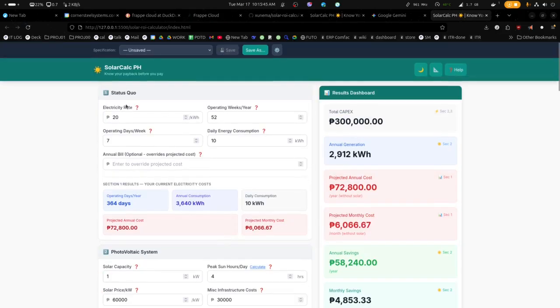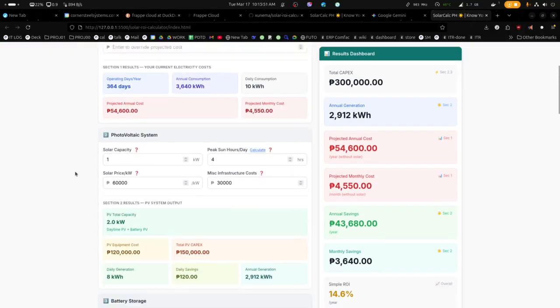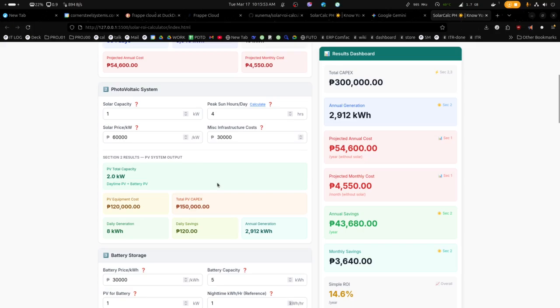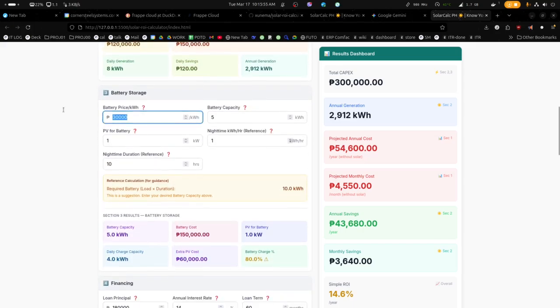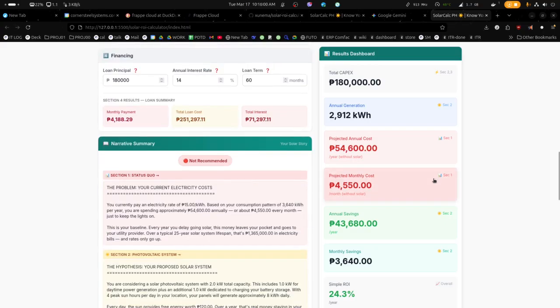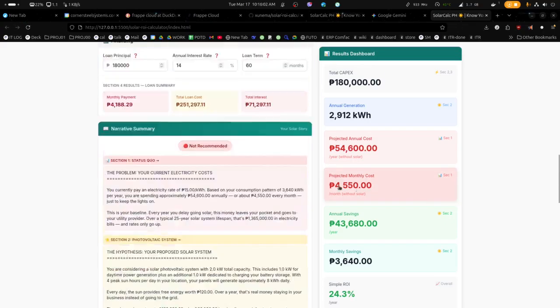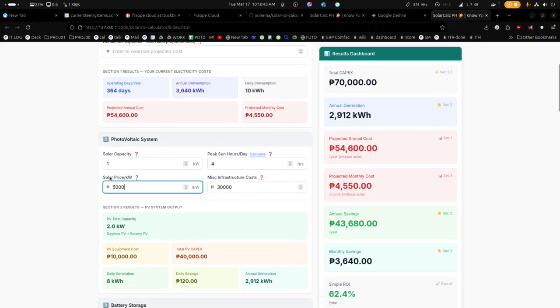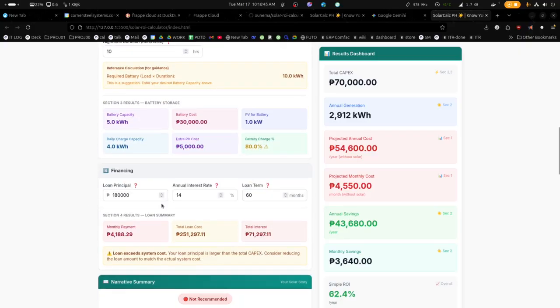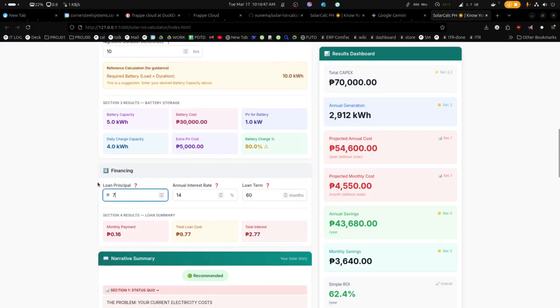But if your electricity is, let's say you're paying 15, the only time you'll achieve ROI is when the prices make sense. So you should be getting 6,000 for the battery, so the capex should just be 70.